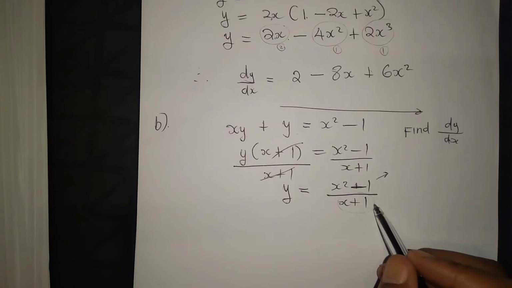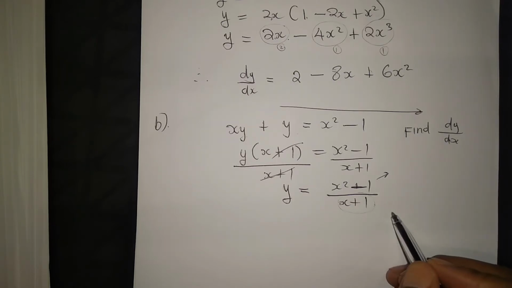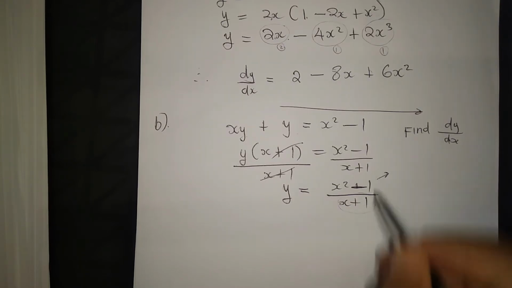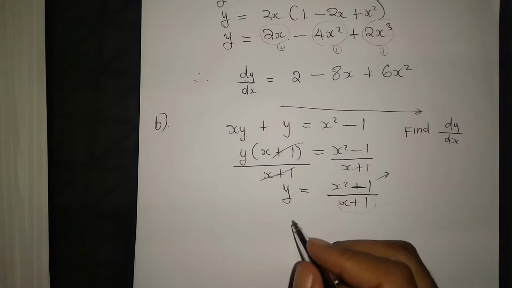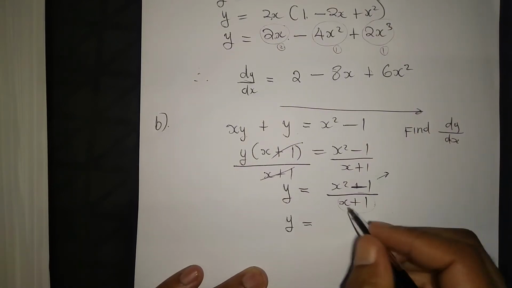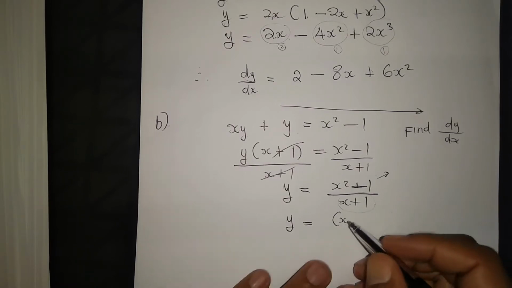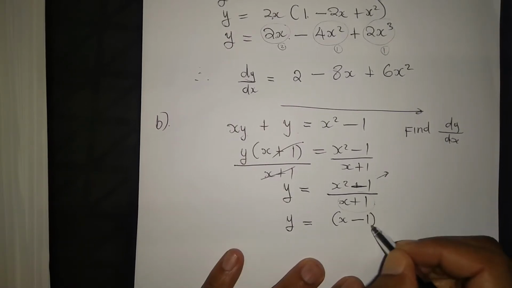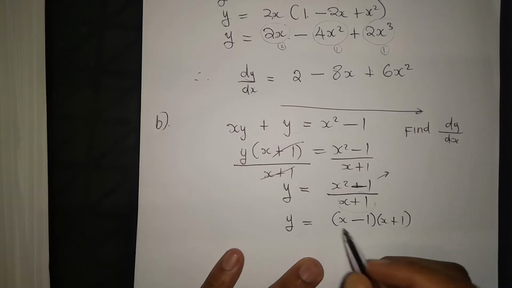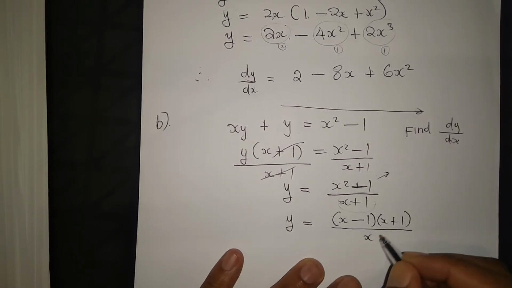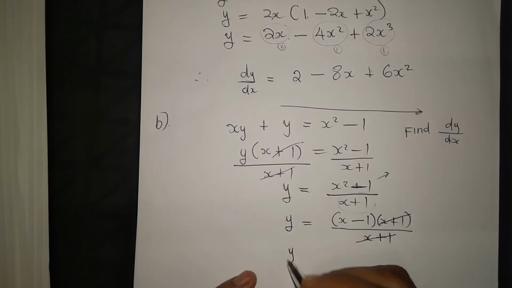So the numerator must be factorized. Since the numerator is a difference of 2 squares, we factorize into one bracket with minus 1 and another with plus 1. So this one cancels, and y is equal to x minus 1.